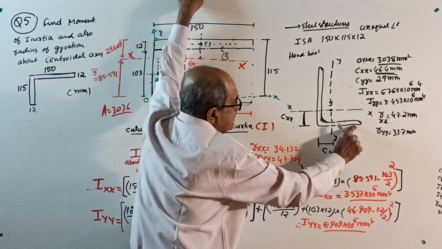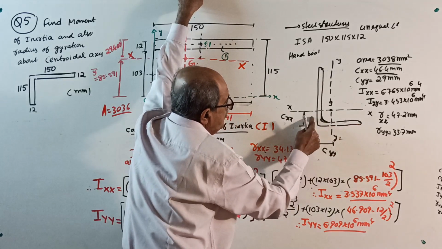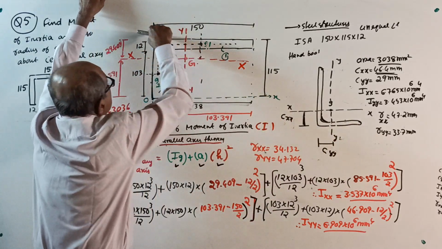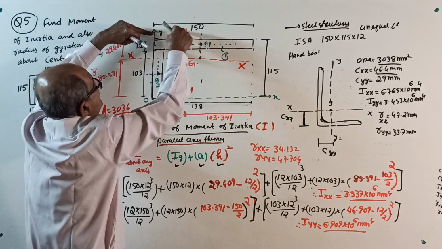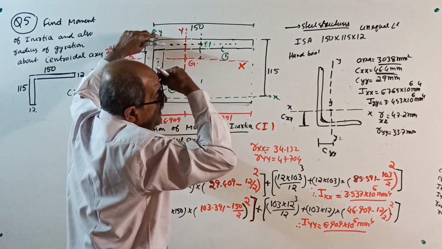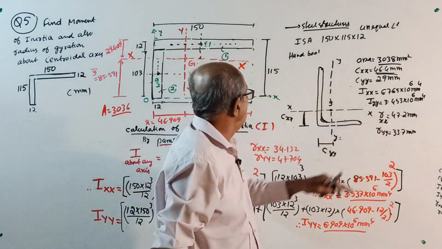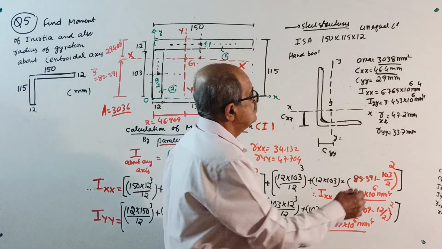So if it is this way, here it is this way. The shorter leg is here. This is that Cxx. How much did you get? 46.909. They printed 47.2. 46.99 is almost 47. So, 47.